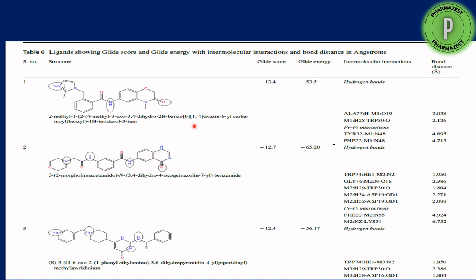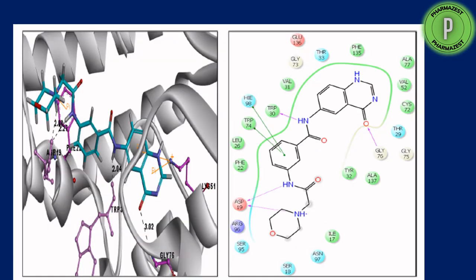When these molecules are bound to the protein, they make different types of interactions like hydrogen bond interactions, pi-pi interactions, van der Waals interactions, etc. Based on the interactions, we get the docking score and docking energy. And these are helpful in prioritizing those molecules.